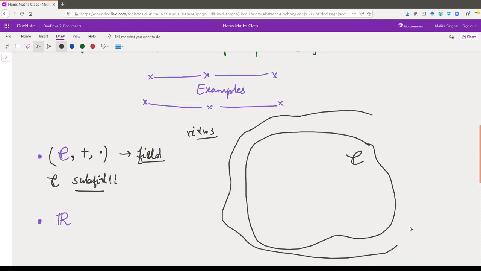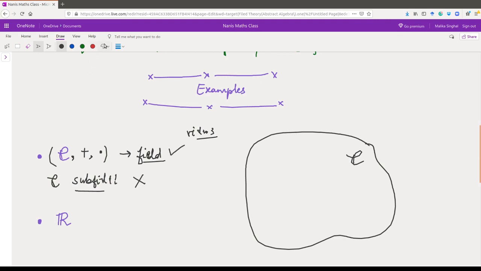Do we have some field which is bigger than the set of complex numbers? Just think about this. The answer is no. There is no field which is bigger than this field of complex numbers. We'll see the reason eventually in later videos. As of now, this is the largest field that we have.